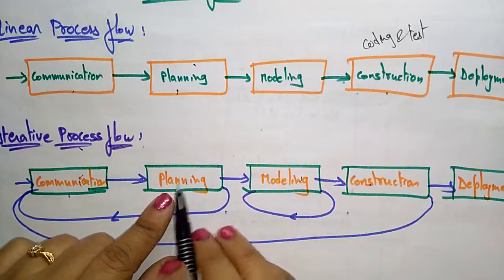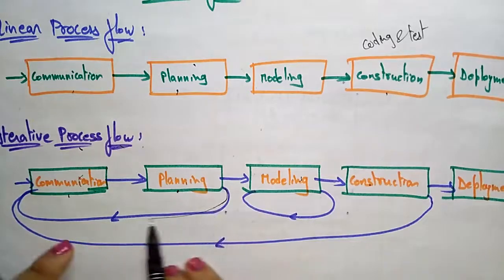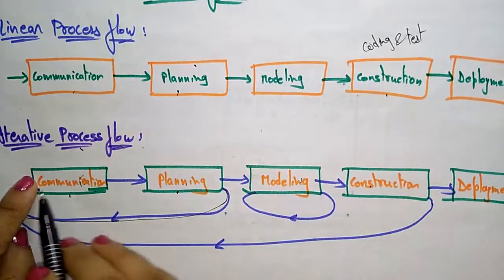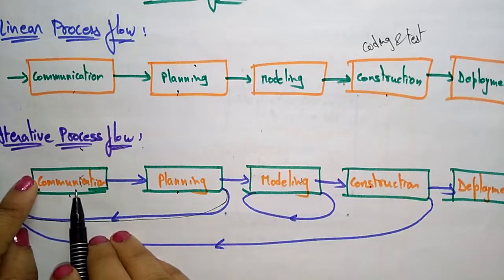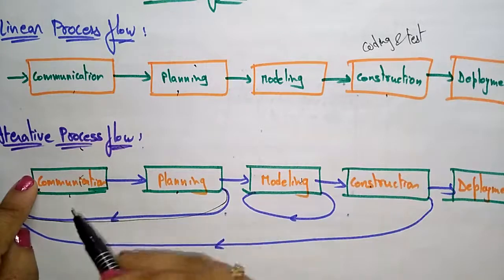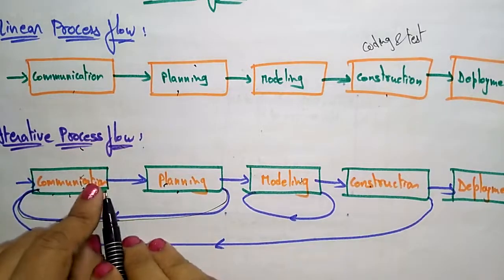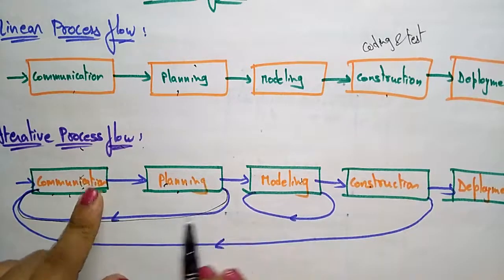If any doubts come here, he inquires of the customer again. Suppose the customer wants to add a few points to the product, he communicates with the developer again, and they try to plan again.